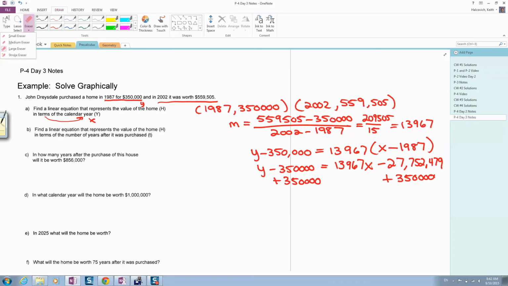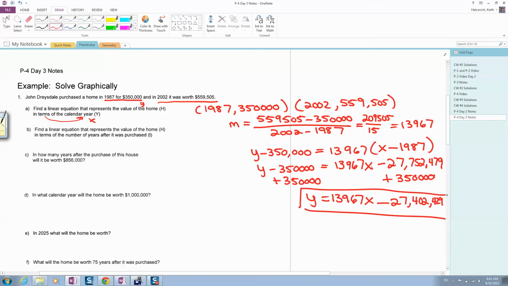And when you do that, you get that y equals 13,967x minus 27,402,429. So that is your equation for part A. And that's in terms of using the year and the price.